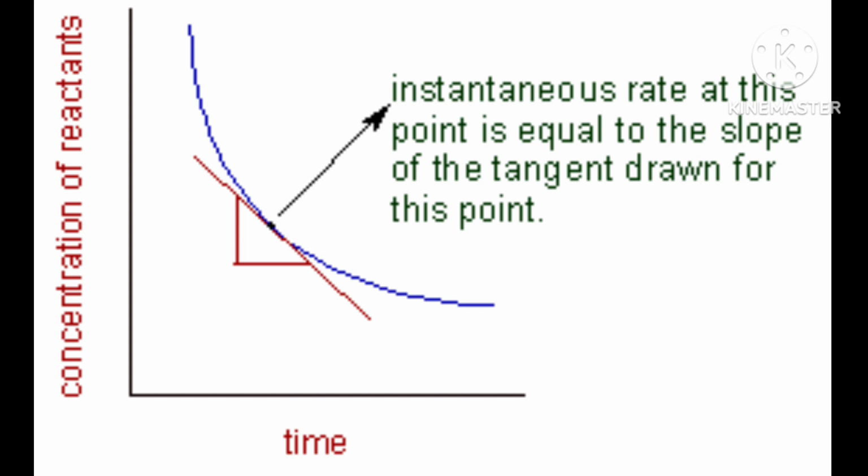Then the rate of reaction on the left side is the rate of change of the reactants, meaning it decreases. Both reactants will decrease, and at the same time on the product side the rate of the products will increase.